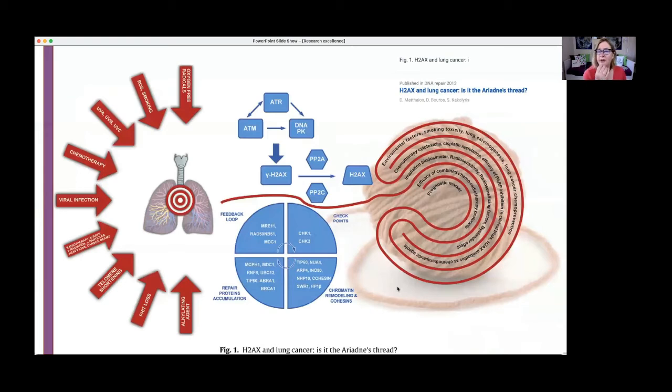I found this beautiful illustration of a red thread, and thinking how we could perhaps use it for our research. So they're talking about lung cancer here, but thinking about linking all these disparate parts into one continuous thing. You might have a varied background as a researcher.